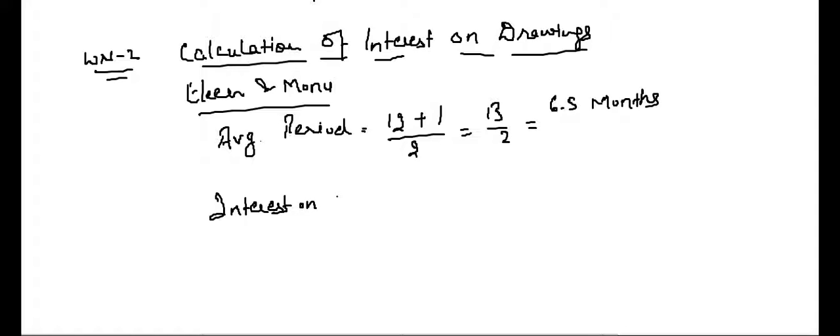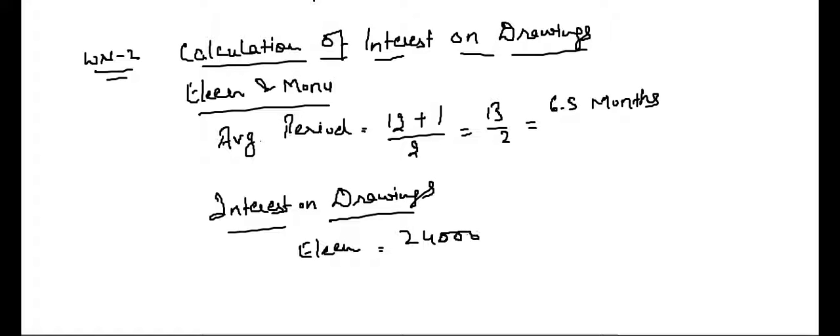Interest on drawings. For Eileen, 24,000 into 5% for 6.5 months. Clear?